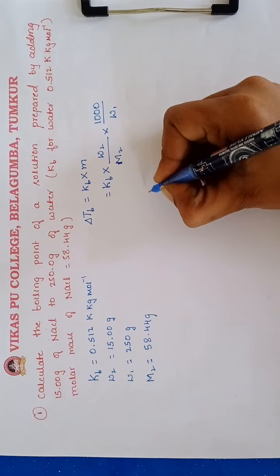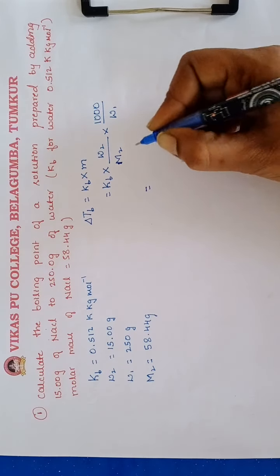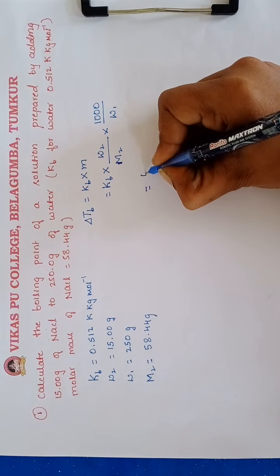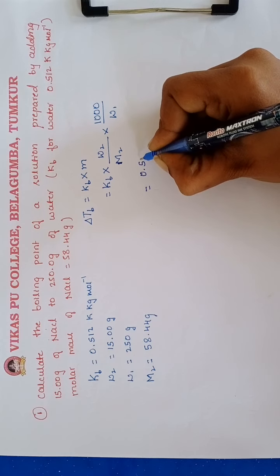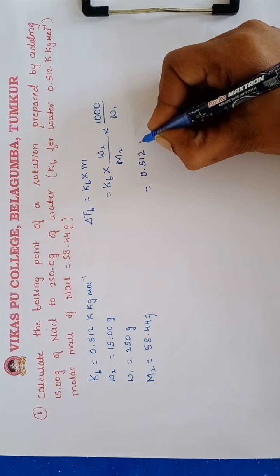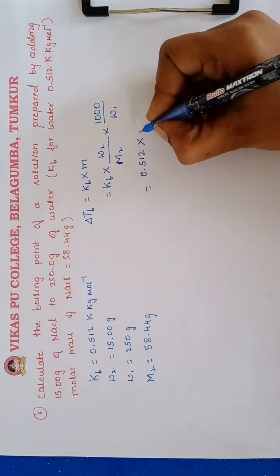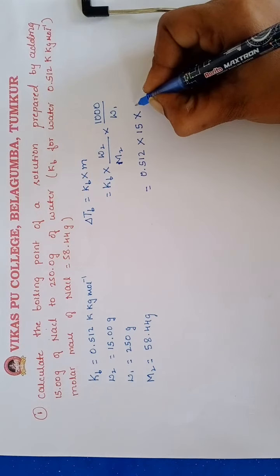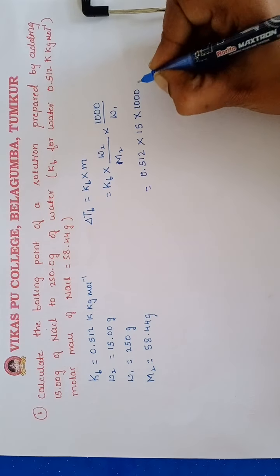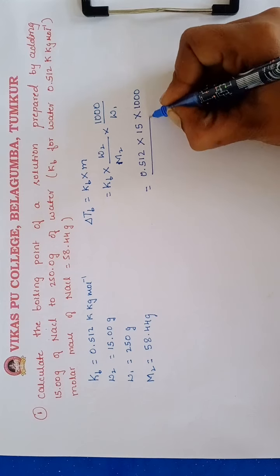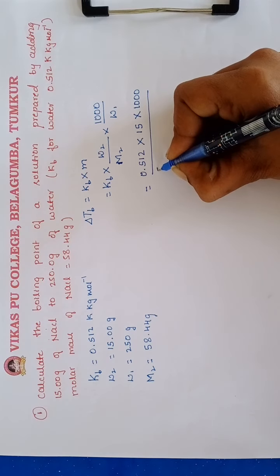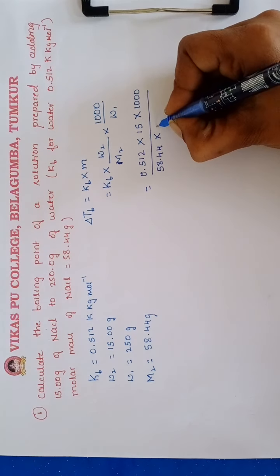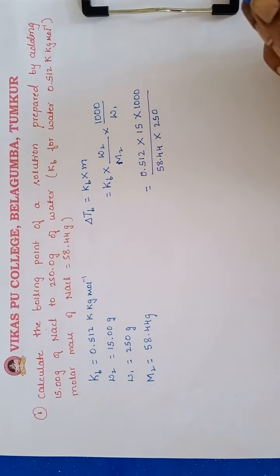Then substituting the values: Kb is 0.512 into W2, that means 15 gram, that is 15 into 1000 as it is, divided by M2, which is given as 58.44, into W1 which is 250 gram.